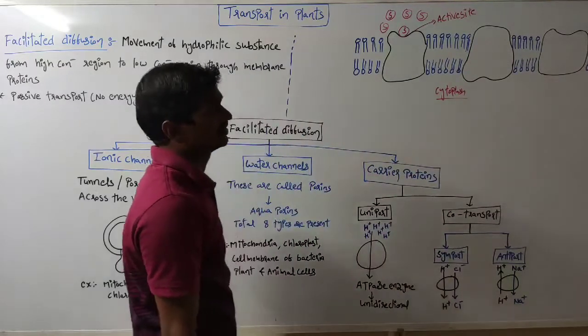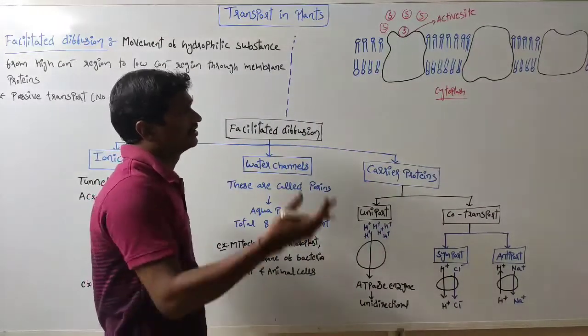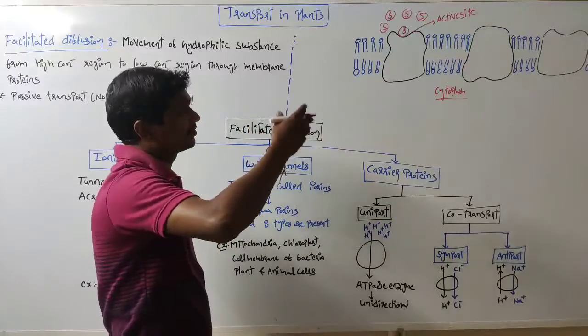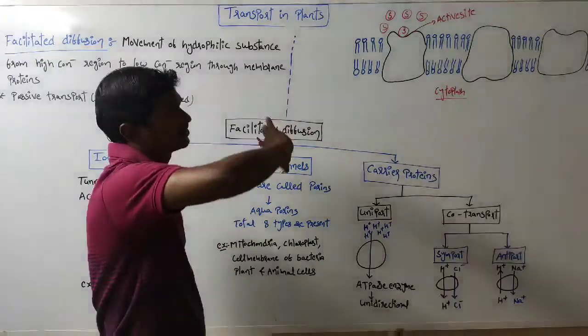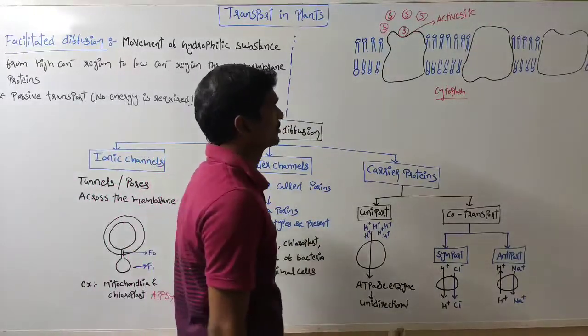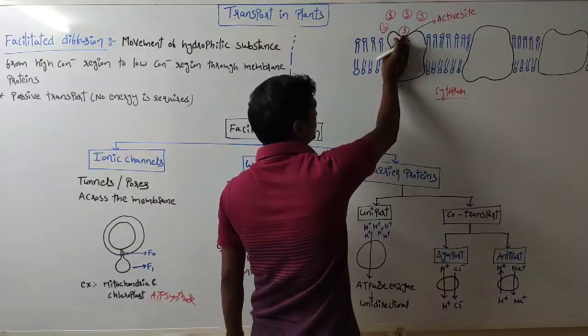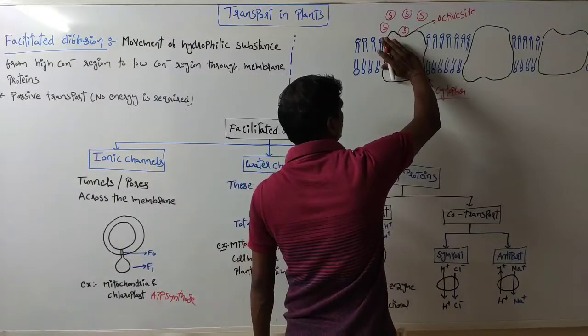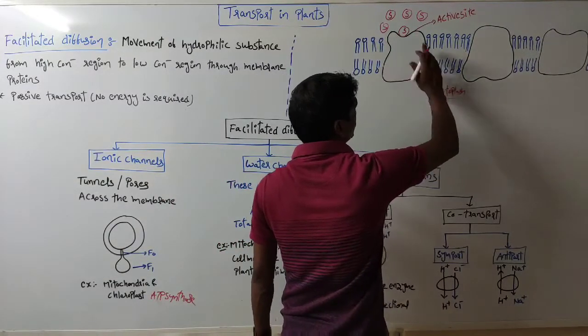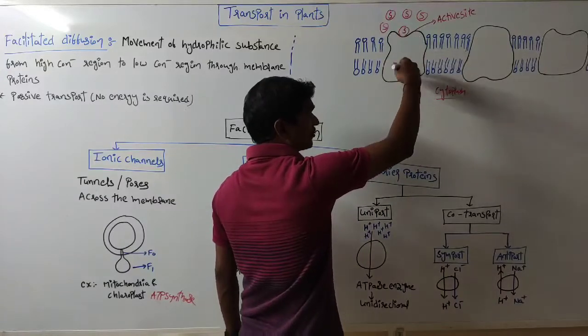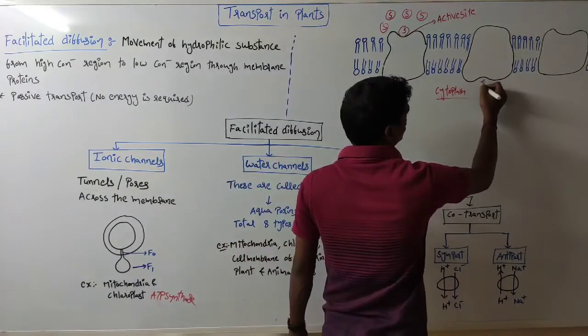The proteins are activated. Once the proteins are activated, then within the plasma membrane, the protein starts the rotation. This is the first position. After some time, the protein is rotating like this. After some time, again the protein has completely rotated towards the inside like this.